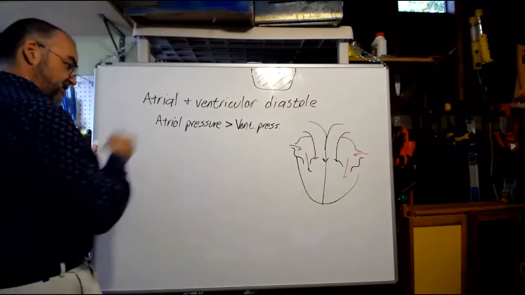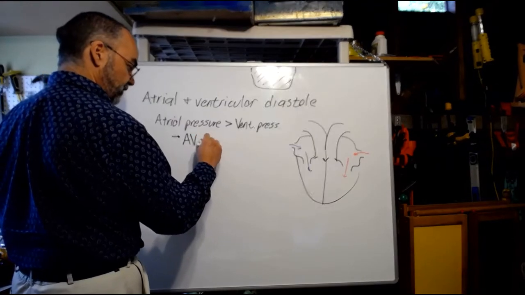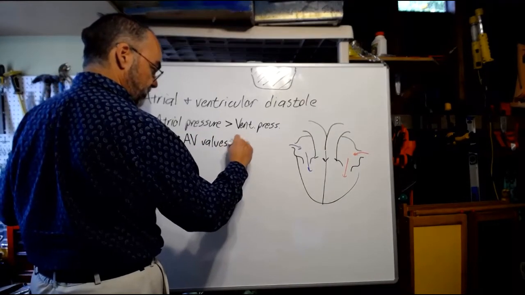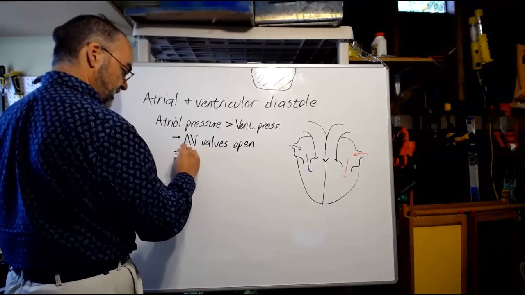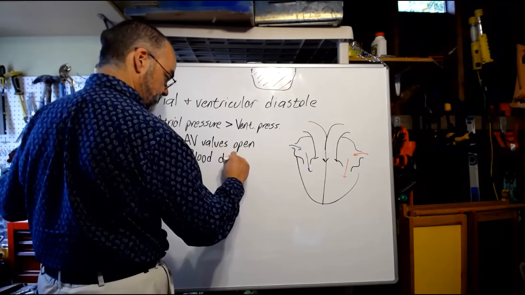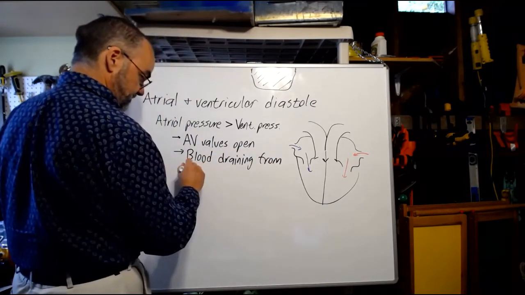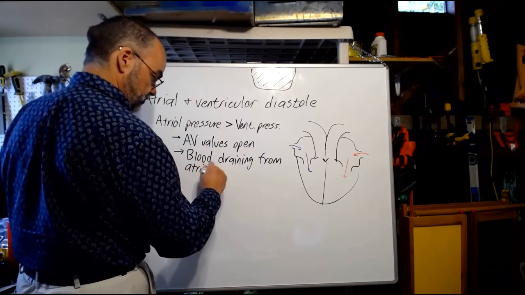So we can say that this means that the atrioventricular valves are open and blood is draining from the atria to the ventricles.